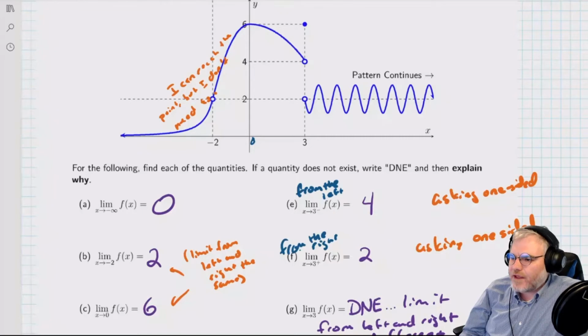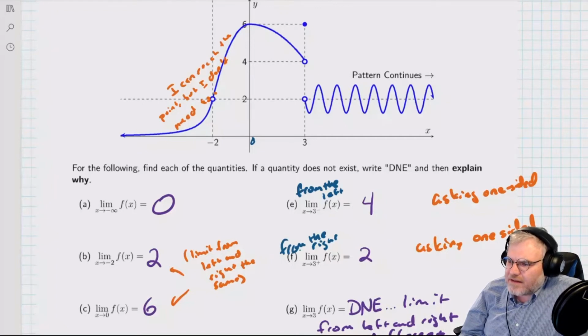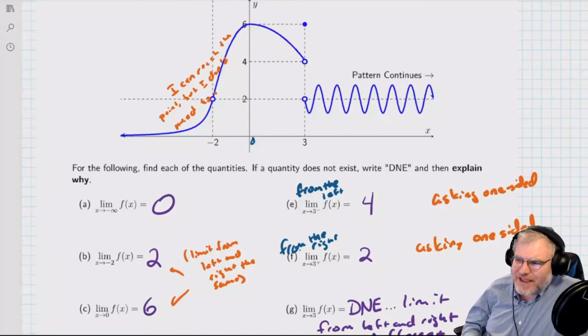Okay, and then for the last one, I've got a couple questions. For G, put D and E. Yeah, f of x. It's not really f of x. It's like f of anything in between is like negative 1.